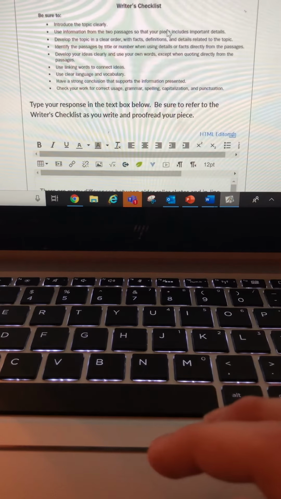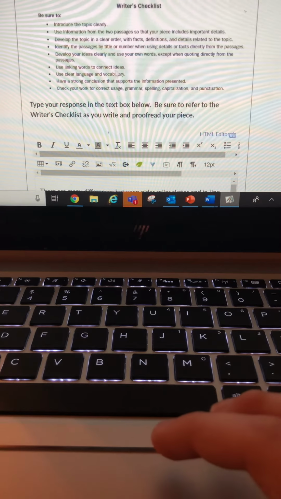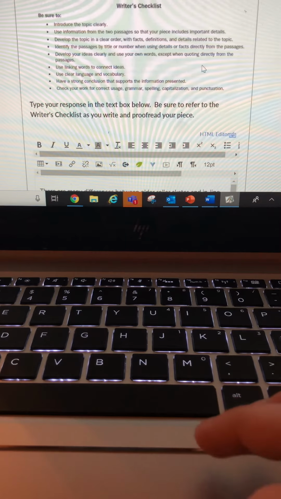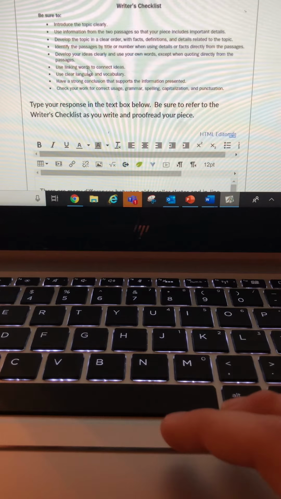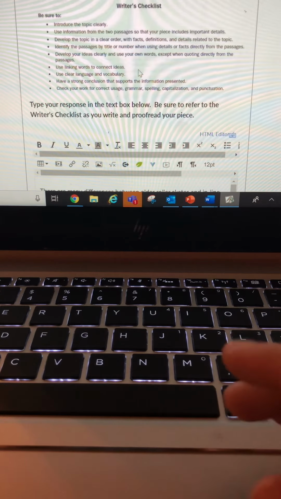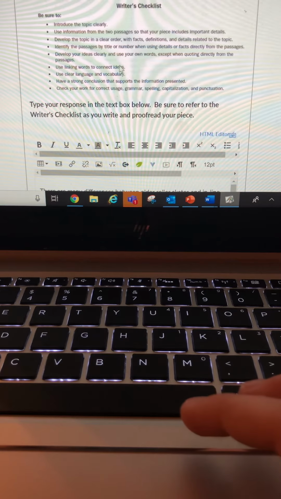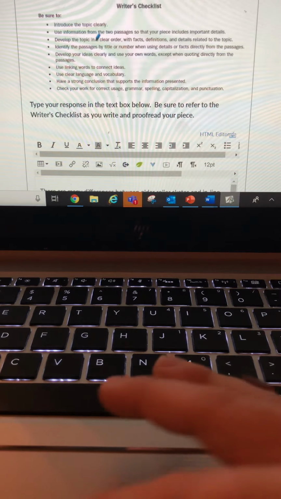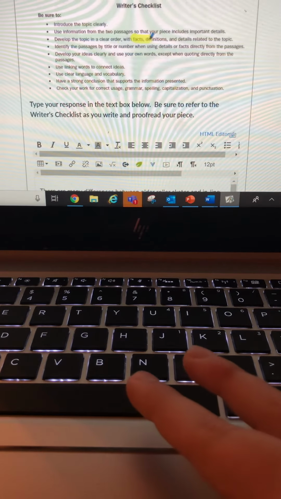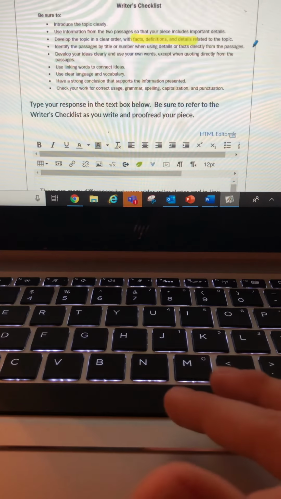You have to label them. Make sure you use your own words except when quoting. We know that. Use linking words. Linking words are like first, next, anything that connects your sentences together. Strong conclusion.